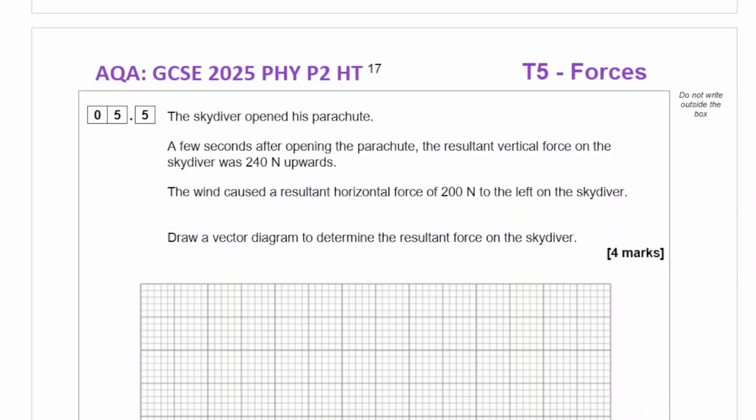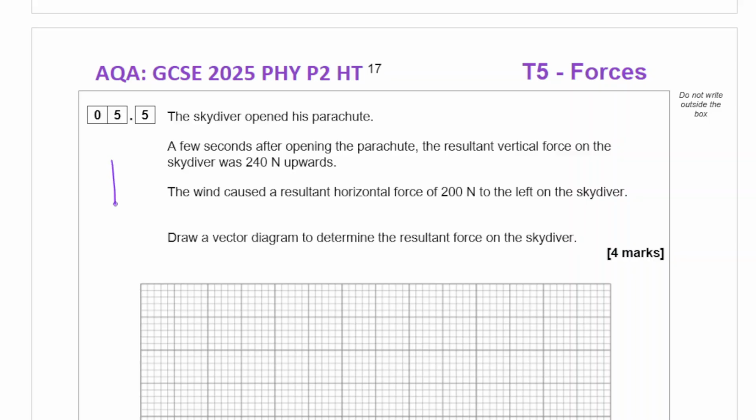The skydiver opened his parachute. A few seconds after opening the parachute, the resultant vertical force on the skydiver was 240 Newton upwards. The wind caused a resultant horizontal force of 200 Newton to the left of the skydiver.